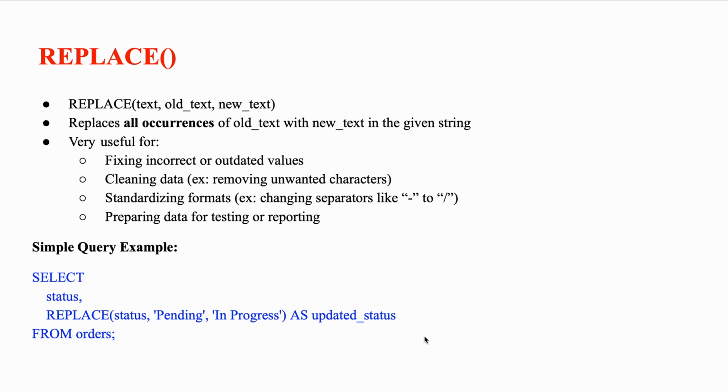The REPLACE function is used to substitute part of a string with something else. It looks for all occurrences of the old text and replaces them with new text. For example, in this query, we are replacing pending with in progress in the order status. This is very useful when you need to clean data, update old labels, or fix formatting issues with your text data.